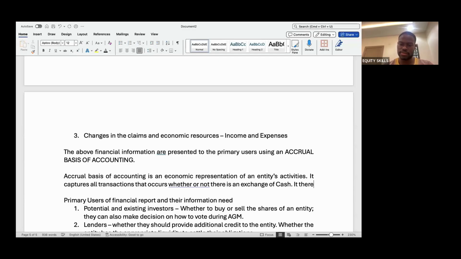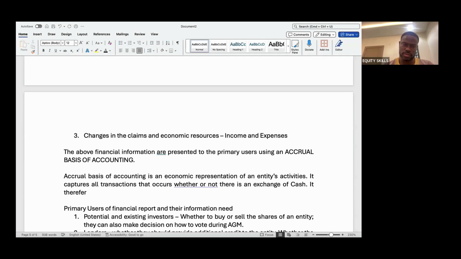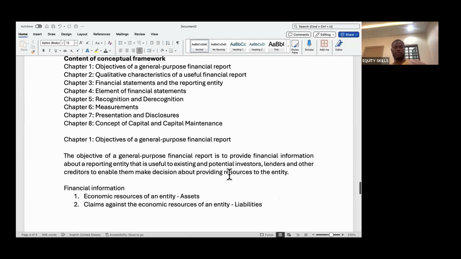Therefore it presents all the economic activities of an entity. Okay, so that's the end of chapter 1.